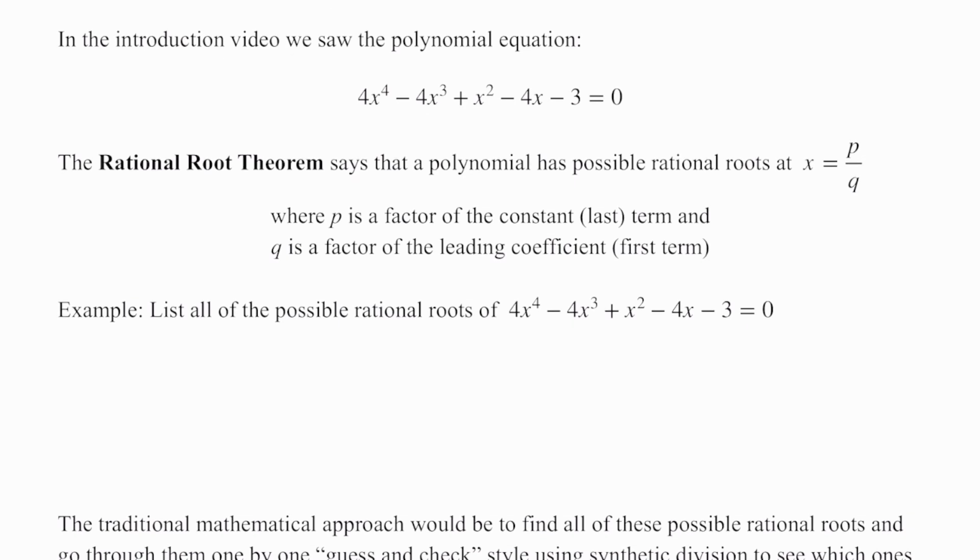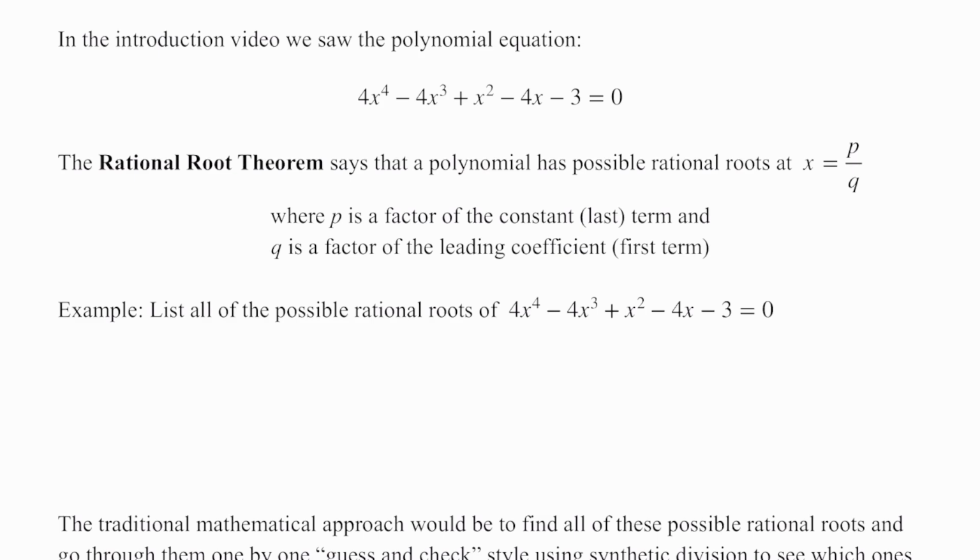Now, the rational root theorem allows us to list out all of the possible rational roots. The word rational you may have seen before, but you might not know what it means. It means a number that can be written as a fraction of two integers. Numbers like 1/2, 3/4, 2/27, however ugly it is, if it can be written as a fraction, that is a rational number.